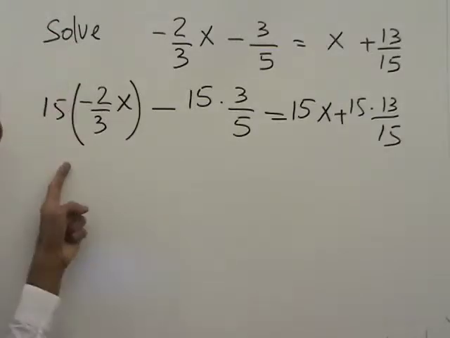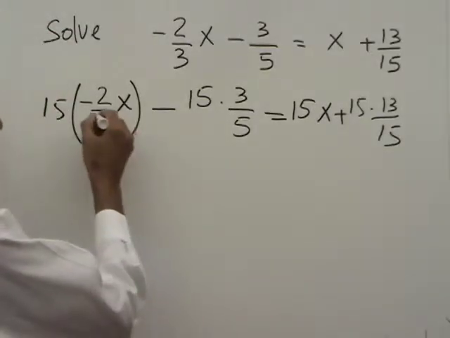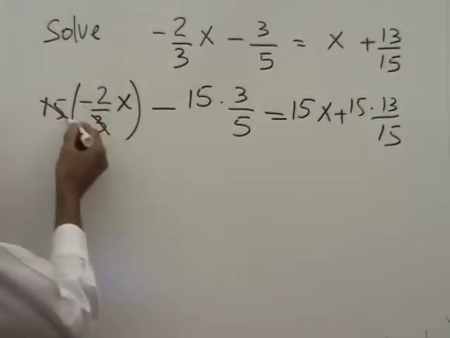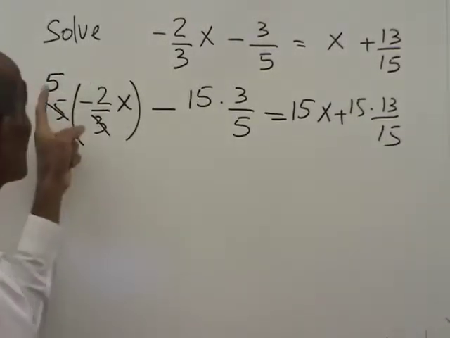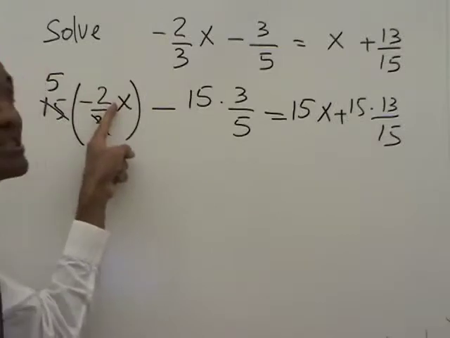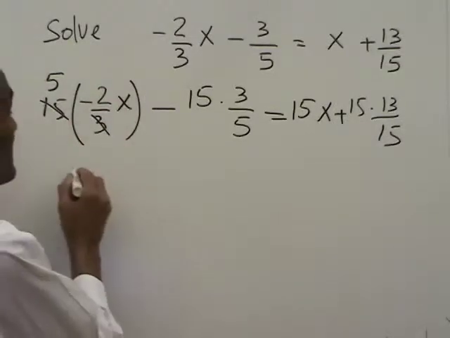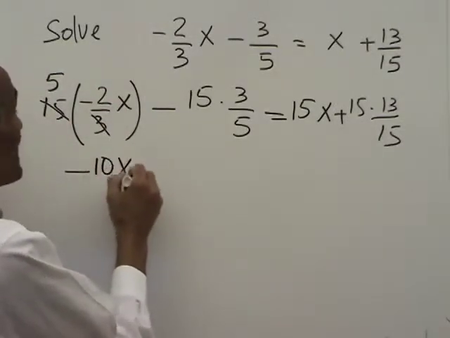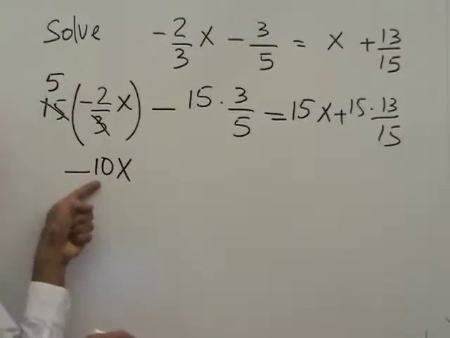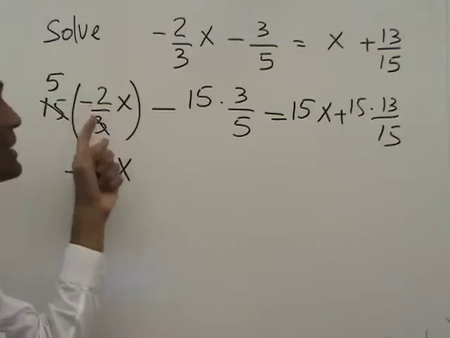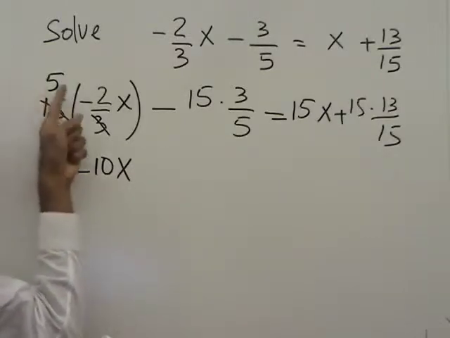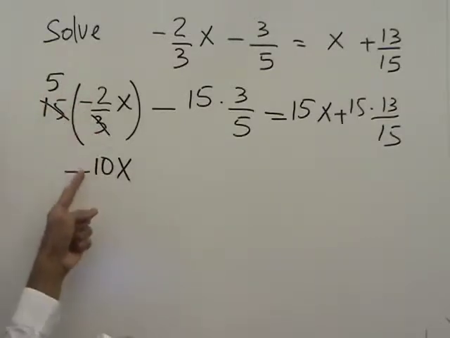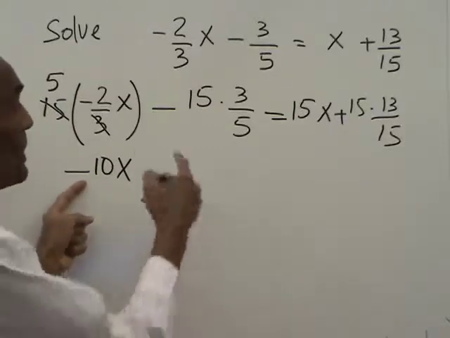Alright, now simplify here. 3 goes in 15 how many times? 5 times. Alright, what is 5 times negative 2x? That would be negative 10x. Write that term right away so that you will not mess up later. So 3 goes in 15 5 times. That 5 times negative 2x is negative 10x.